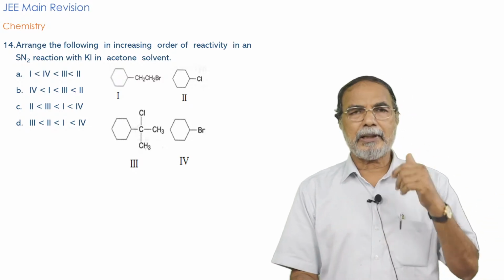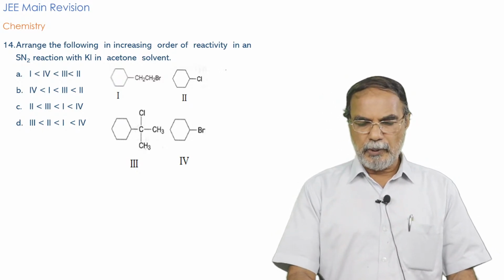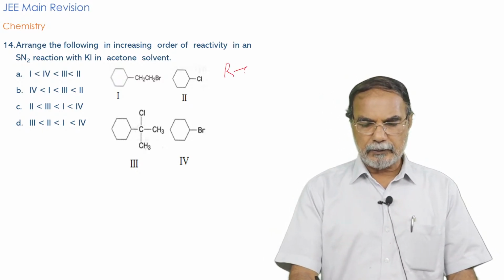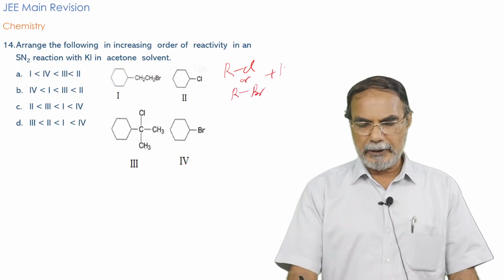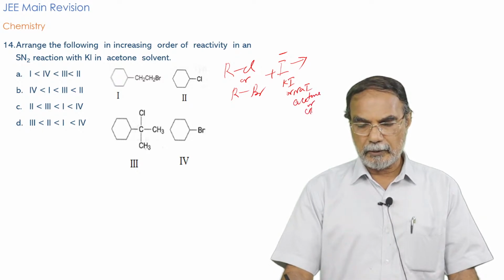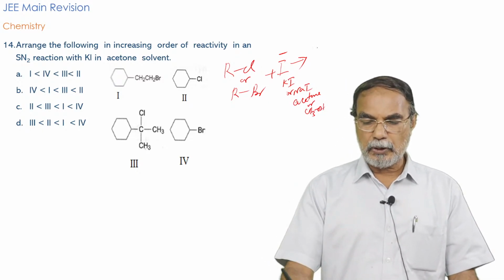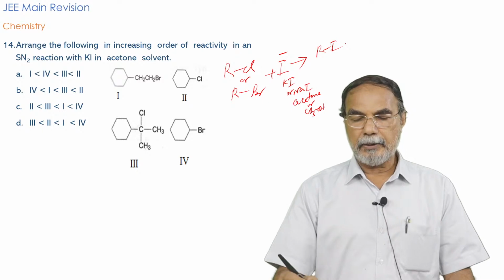And this particular question is about the Finkelstein reaction, which you may know is a reaction of an alkyl chloride or bromide with iodide ions. You use potassium iodide or sodium iodide in a solvent like acetone or methanol. In this case, the chlorine or bromine is replaced by iodine to give an alkyl iodide.